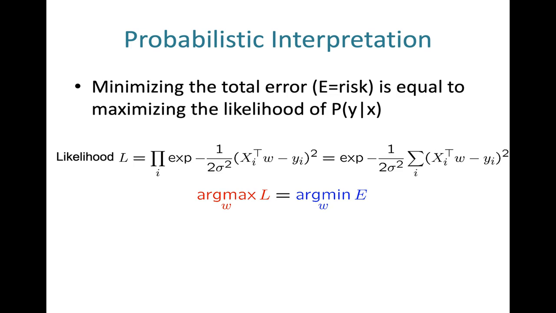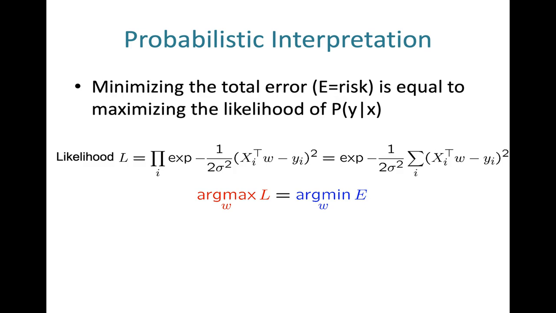So the approach there is an optimization problem, and we need to minimize the total error. However, following a probabilistic interpretation of linear models, which is mainly focused around the errors following a normal distribution, there's another way of optimizing to find the best linear fit.